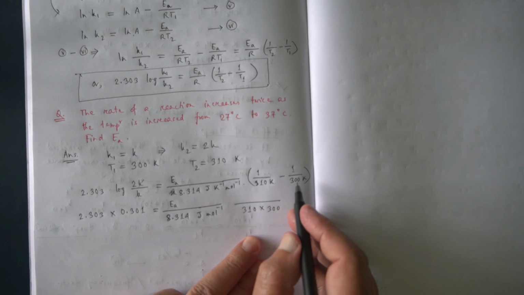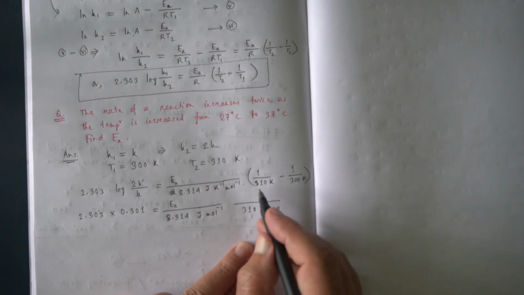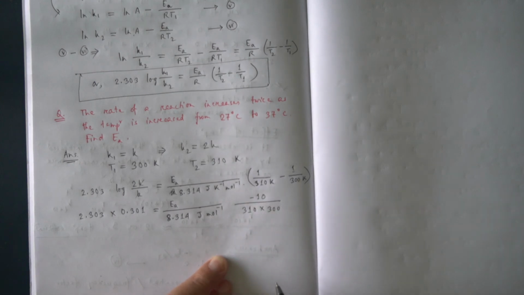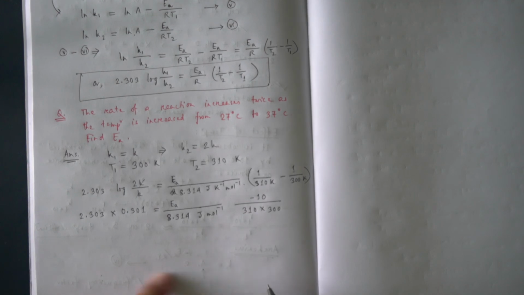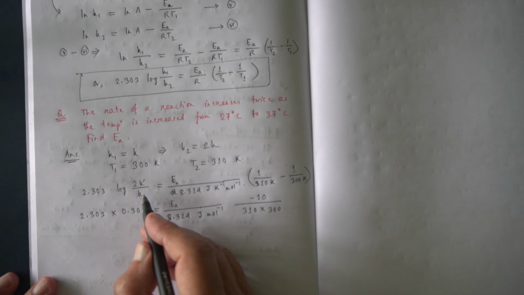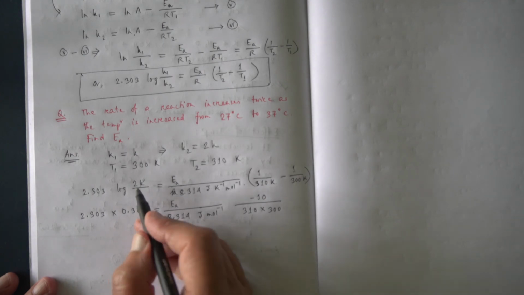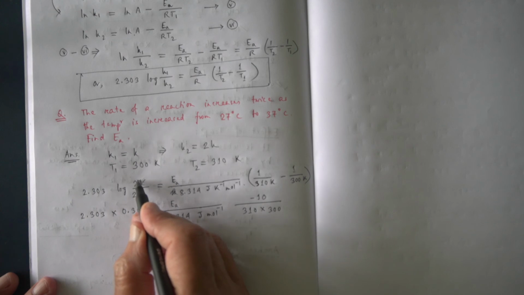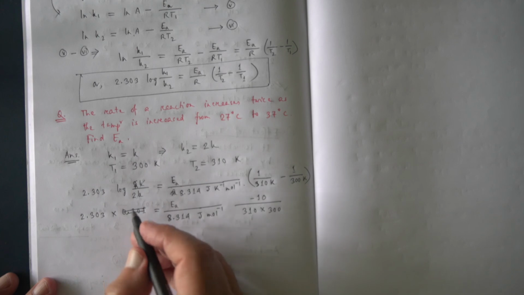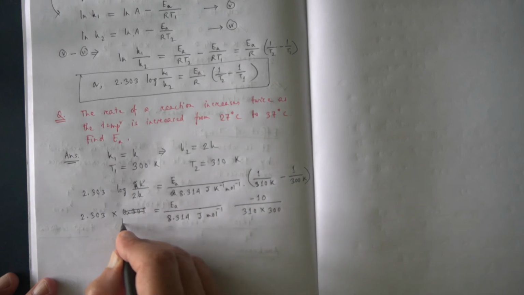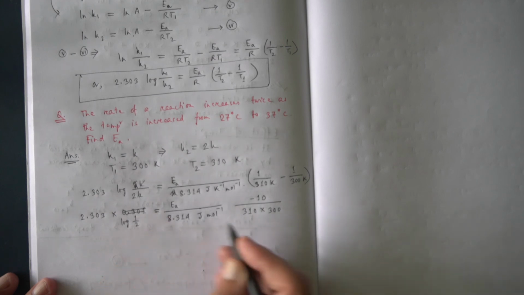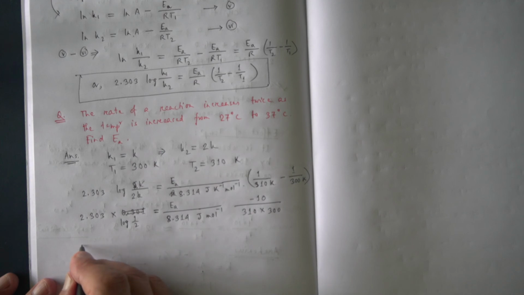Then this is 300 minus 310, minus 10. Oh, sorry, I have committed one mistake. K1 is K, this is 2K. So not this. This is log half. Okay, log half this.